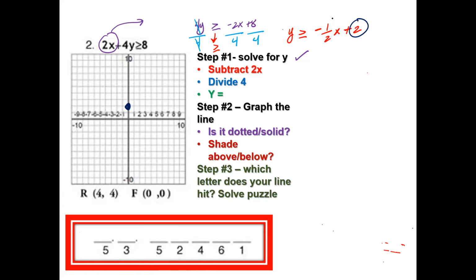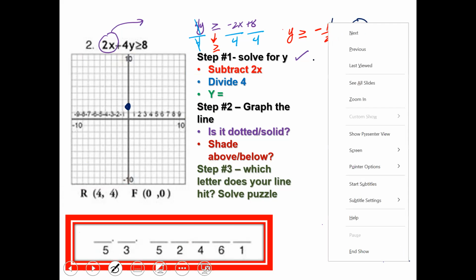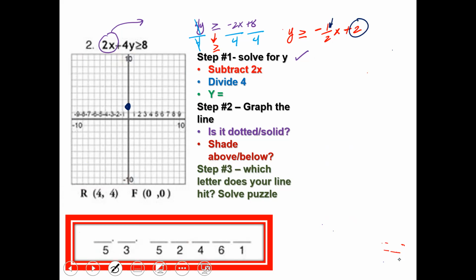Then looking at the slope, I go down 1 over to the right 2, down 1 to the right 2, and so on. If you run out of space, you can go up 1 to the left 2, and repeat.